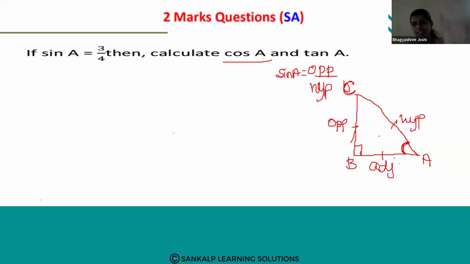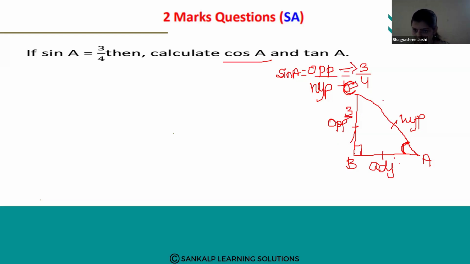Right? So what is opposite to 90 degrees, that is the hypotenuse. What is opposite to angle A or angle theta, that one is the opposite side. So opposite side divided by hypotenuse is sin A, and the value they have given is 3 divided by 4. So opposite side value is 3 and hypotenuse value is 4.